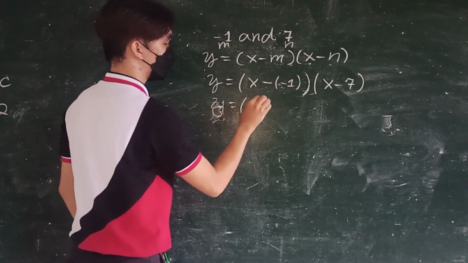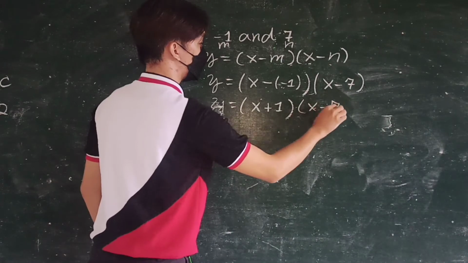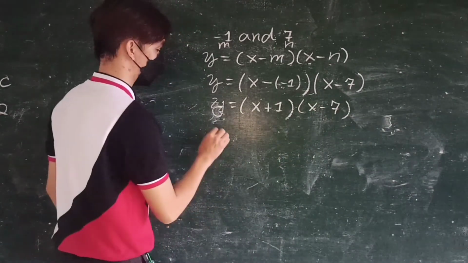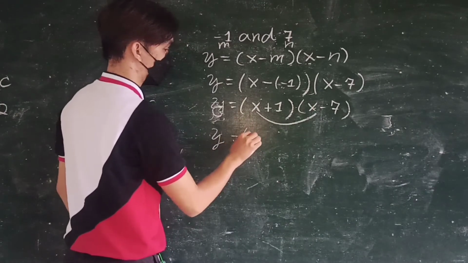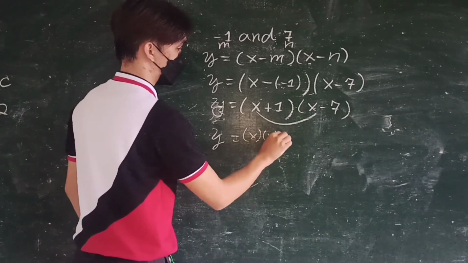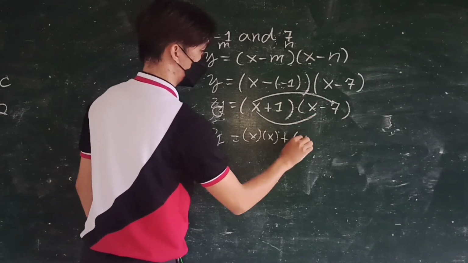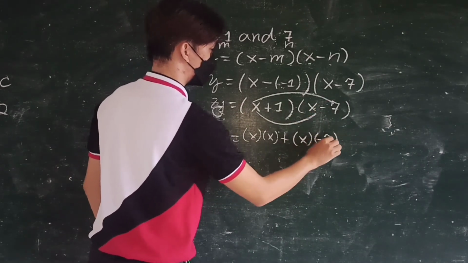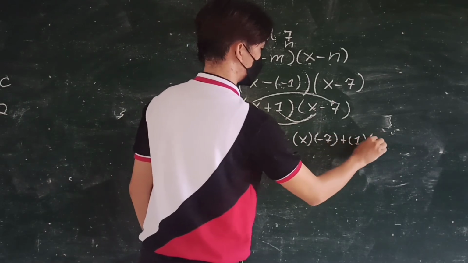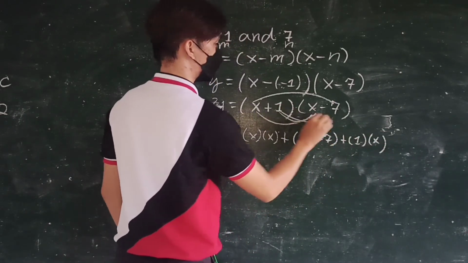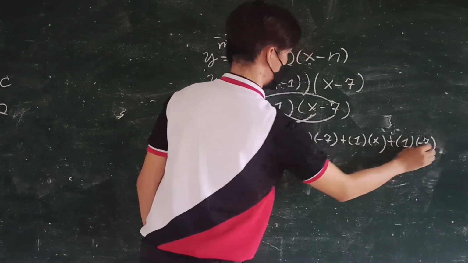So y equals x, negative times negative is positive, then x minus 7. Now let's apply the FOIL method. First terms, x times x plus the outer term, x times negative 7 plus the inner terms, 1 times x, and then the last terms plus 1 times negative 7.